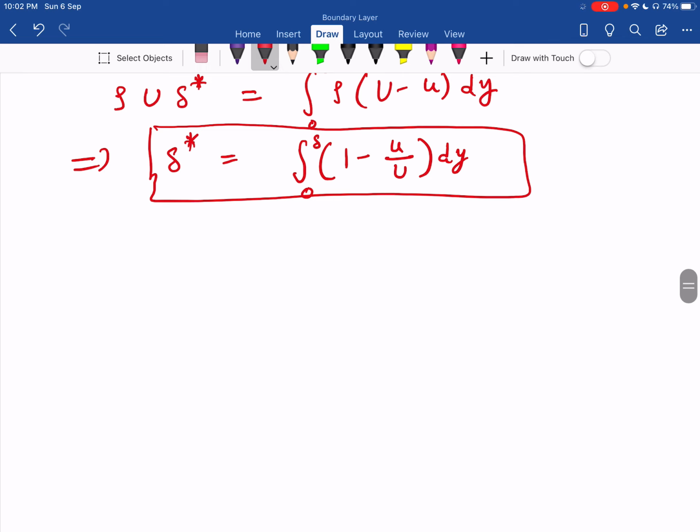Now the next one is the momentum thickness, that is theta.